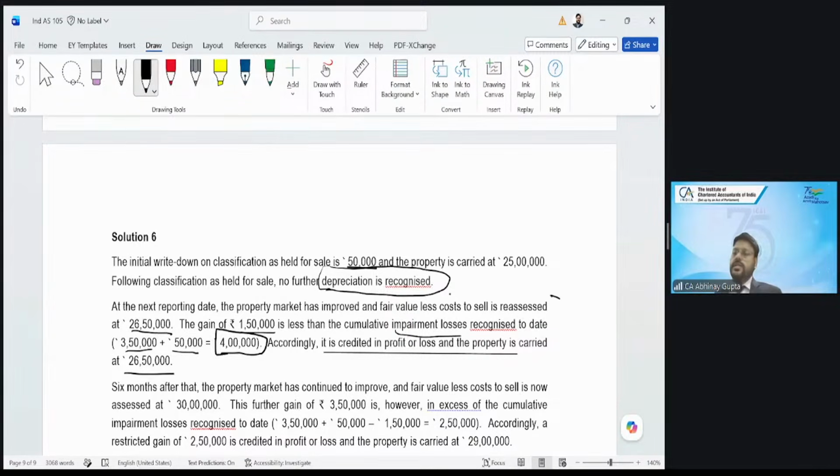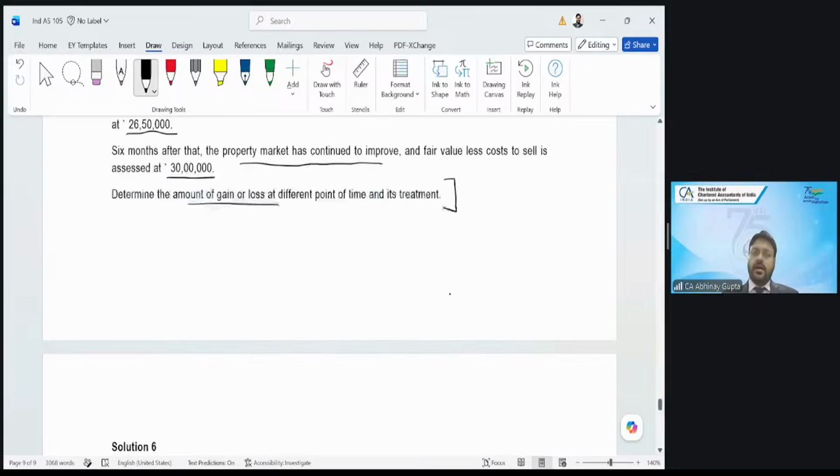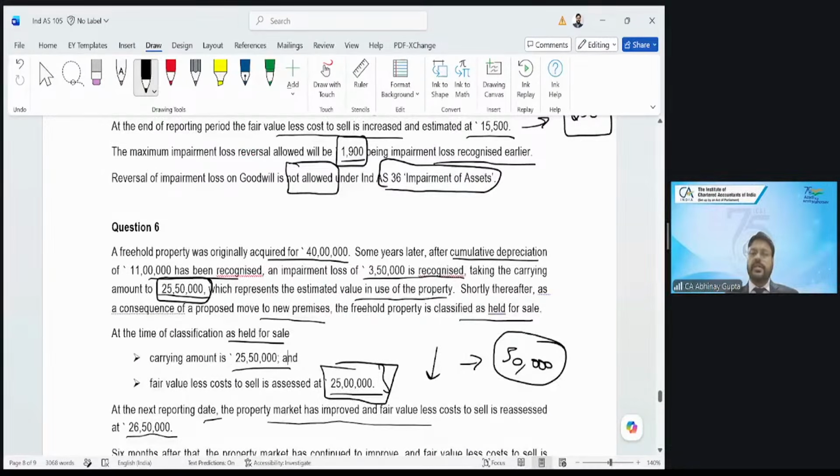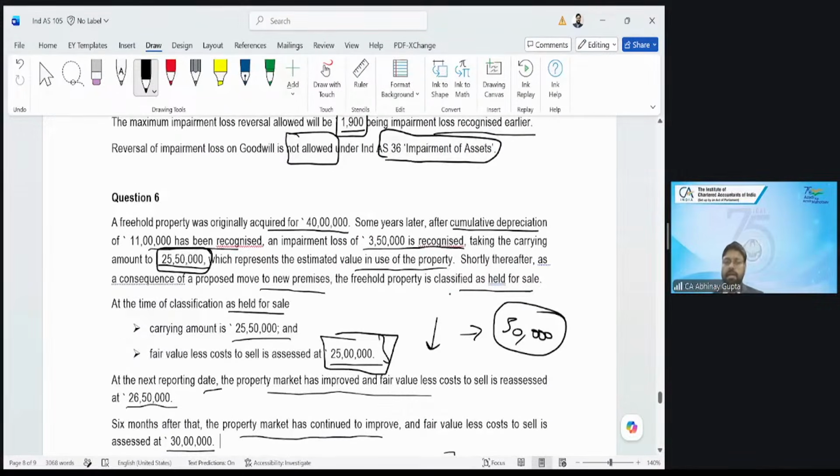Now, in this case, what is happening? Although we have recorded only the 50,000 loss on the date of the classification pertaining to Ind AS 105, on the very same day, when we recomputed the carrying amounts on the date of the classification, we brought down the assets of 40 lakh minus cumulative depreciation to 25.50, recognizing an impairment loss under Ind AS 36, right?